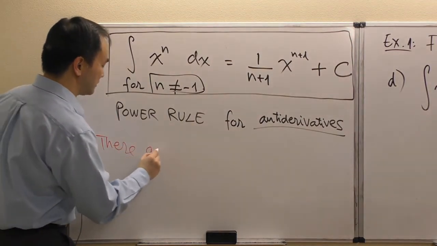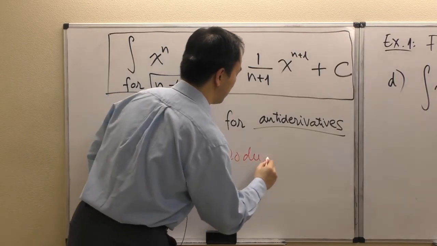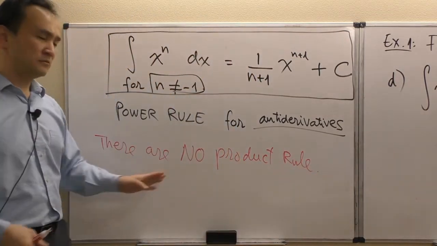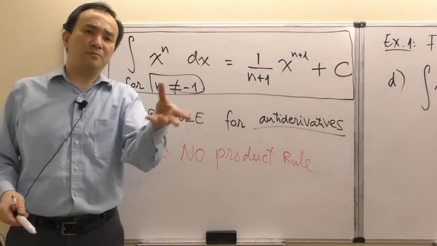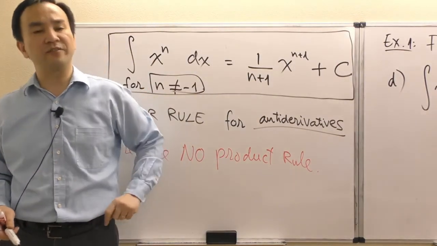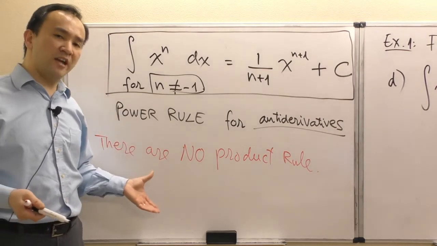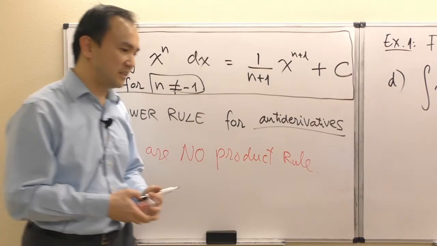There is no product rule when you're taking an antiderivative. Back in the days, you used the product rule to take the derivative. There was a rule that directly handled the derivative of a product. There has never been a rule that directly handled the antiderivative of a product.